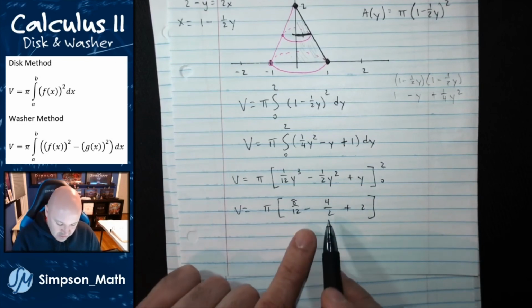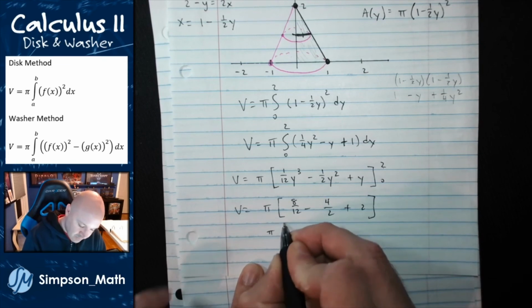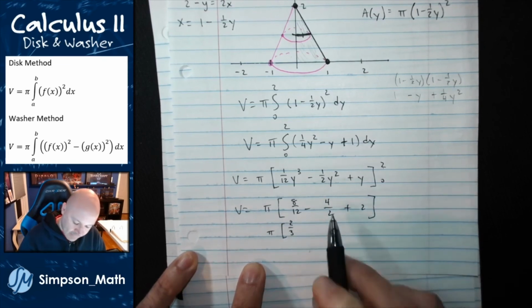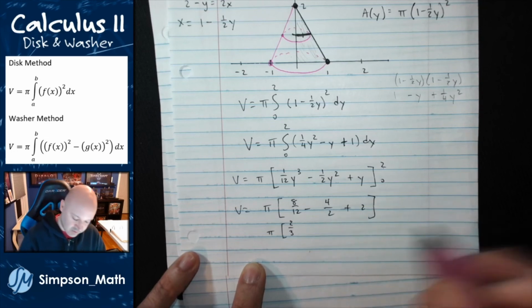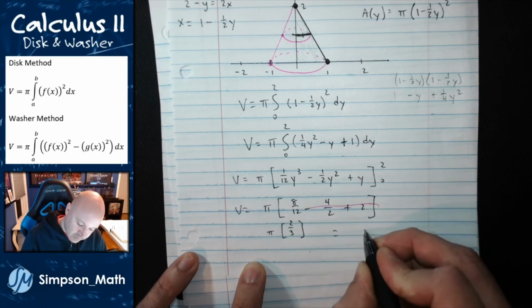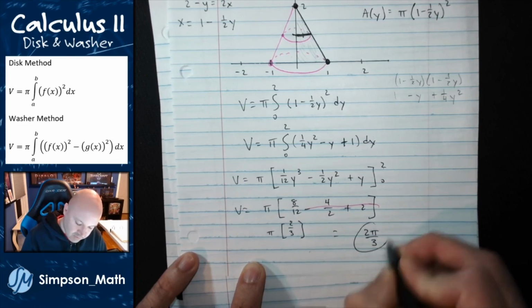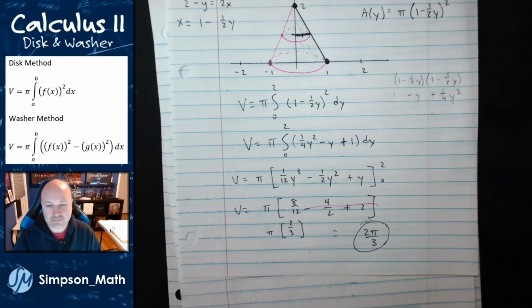All right, then that is just 2/3. That is -2 and +2. Oh, those cancel. Oh, so I get 2 pi thirds as the volume of this cone.